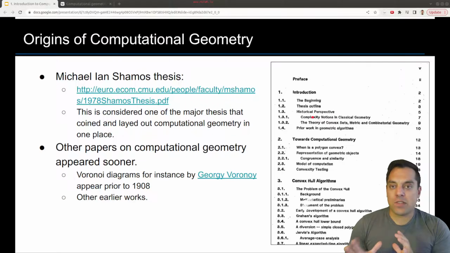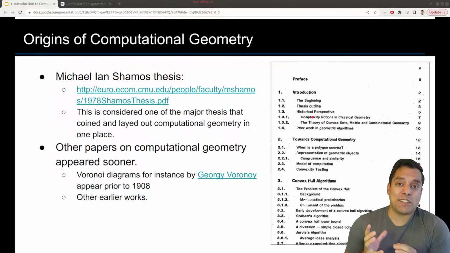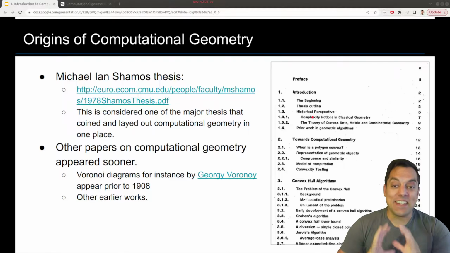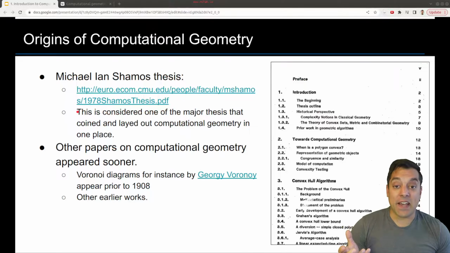But, talking about computational geometry, we've had geometry for thousands of years. If you're approaching this as a mathematician, you're actually going to say this is relatively new stuff, looking at somebody's thesis from 1978.